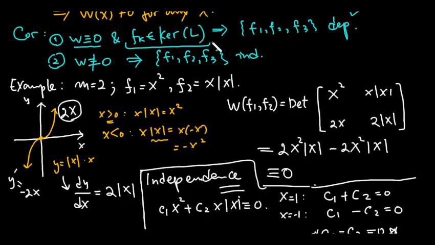So this is an important condition we need to put in to conclude dependency. Usually we use it in the context of a differential equation, so we don't think about this much, but this is a correct statement. I hope this clears up the confusion about the conclusion for independence and dependence from the Wronskian. Thanks.